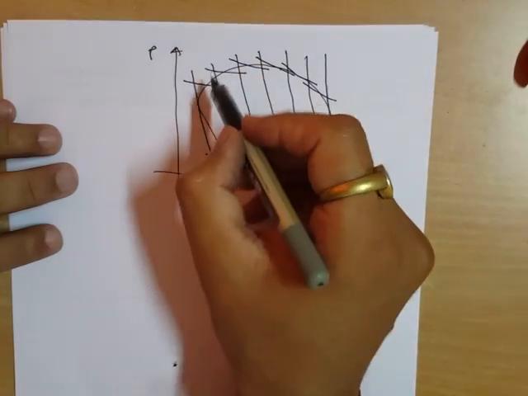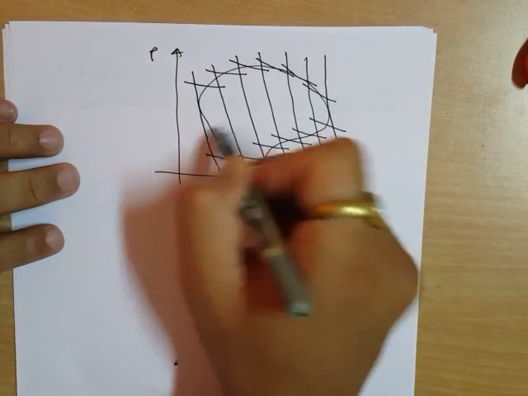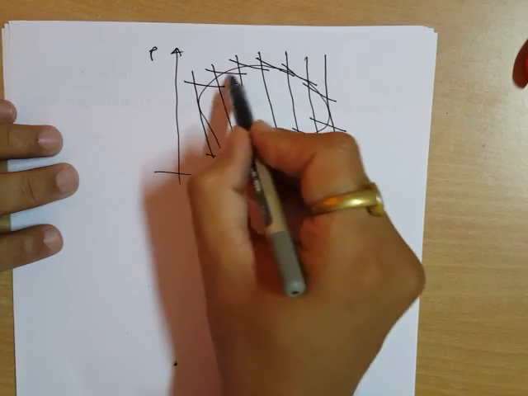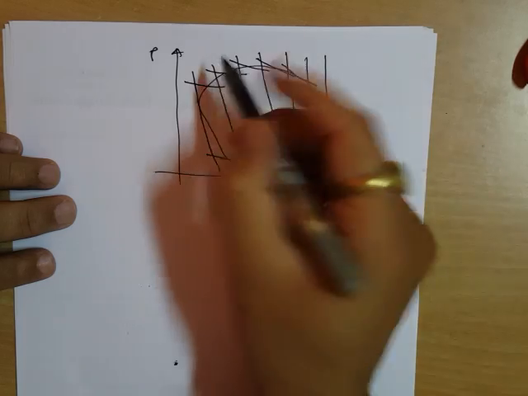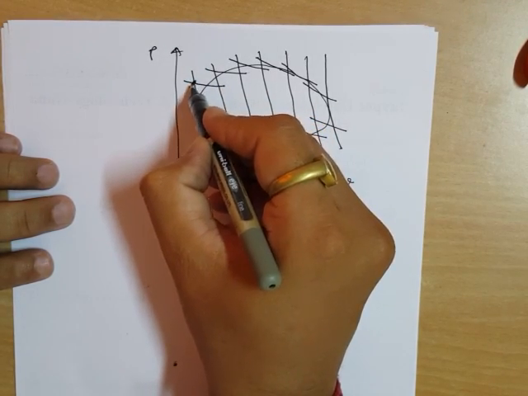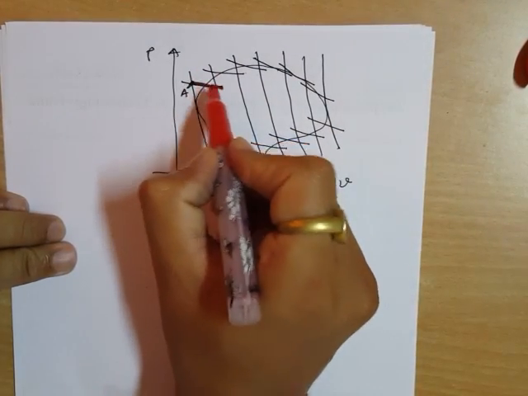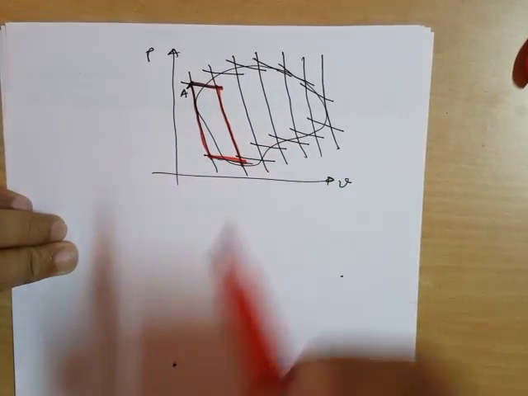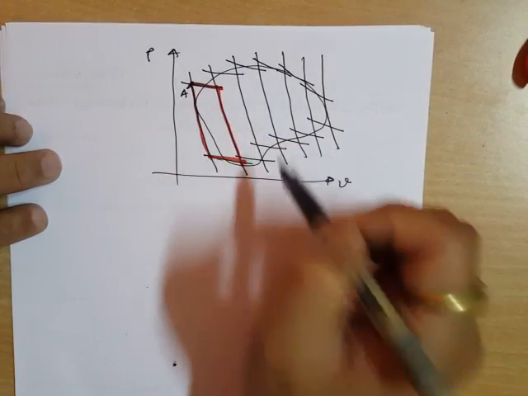So what did you do? You have a cycle, you partitioned it by so many reversible adiabatics and closed these reversible adiabatics by reversible isothermal paths. So if you consider one such, let us say this one, or let us consider this one, so this is what you have formed: a Carnot cycle.